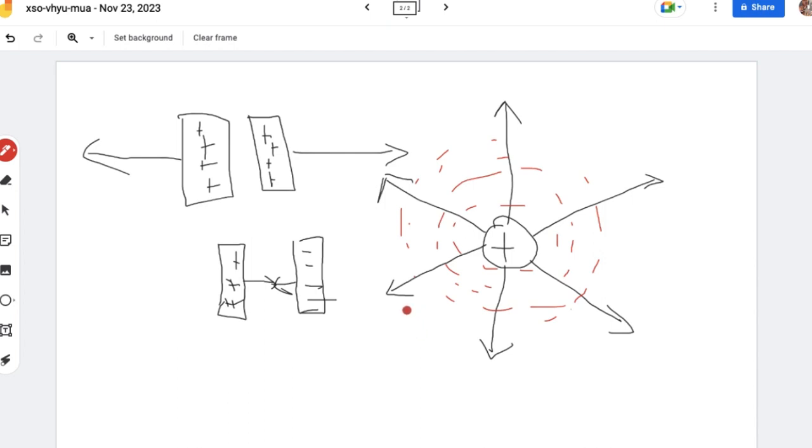A region in space where a charge experiences a force.